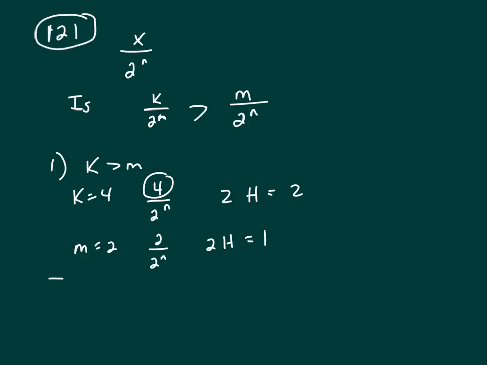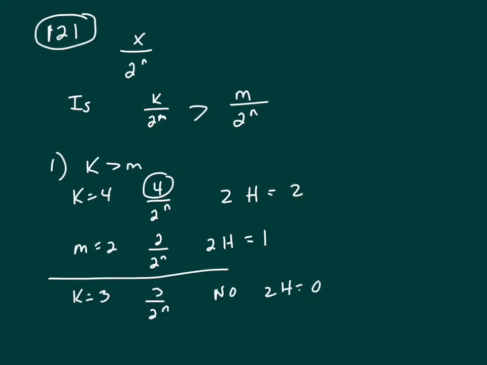But let's see if we can find something that makes this thing false. Once again, let's find a k, and let's let k equal 3. So if k is 3, that's going to be 3 over 2 to the n. Well, are there any values of n, 2 to whatever, that will go into 3? No. So that means the 2 height equals 0.